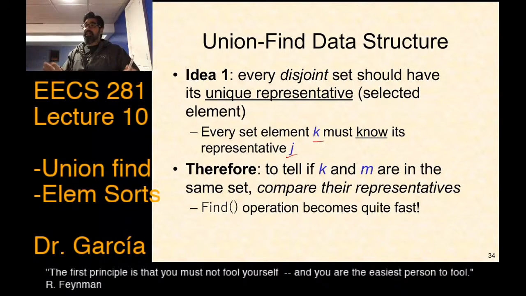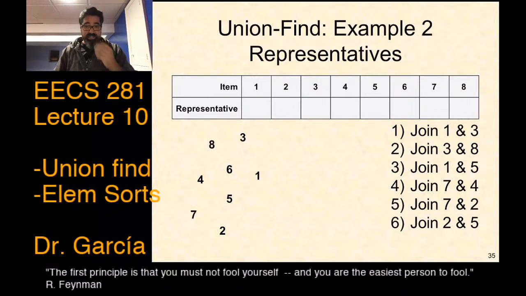All right, so let's look at how this would work. So we have, say, a bunch of items. Again, we're keeping it simple. These are just integers. And then each one is going to have its own representative. Everything starts out as a single-element disjoint set, so everyone will have their own representative right here.